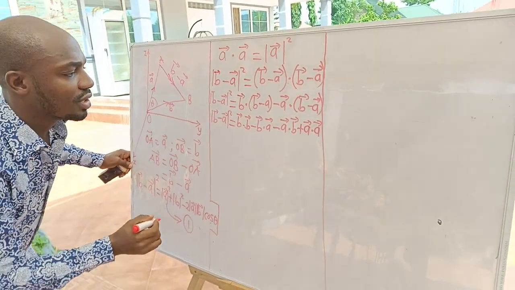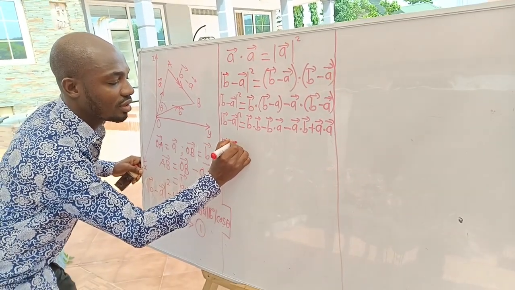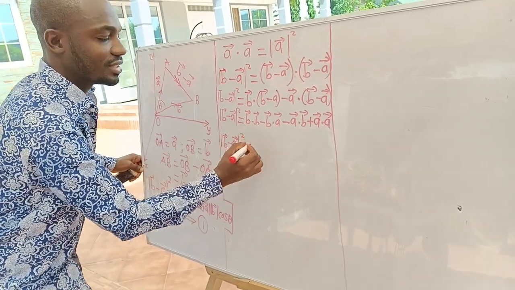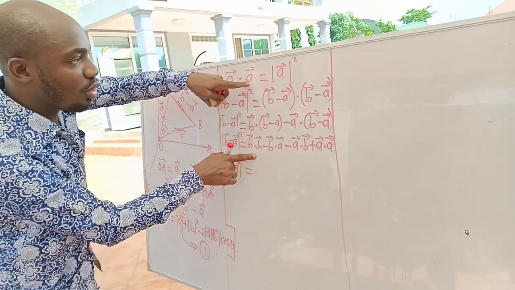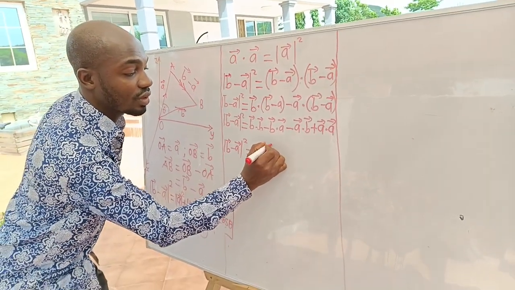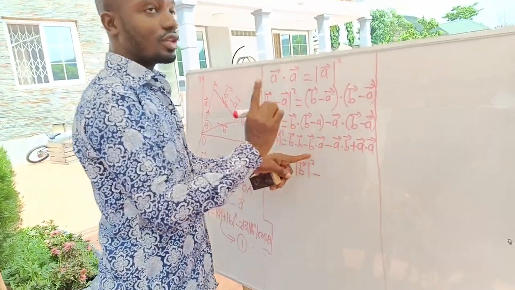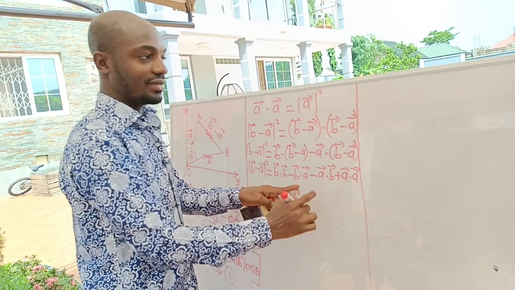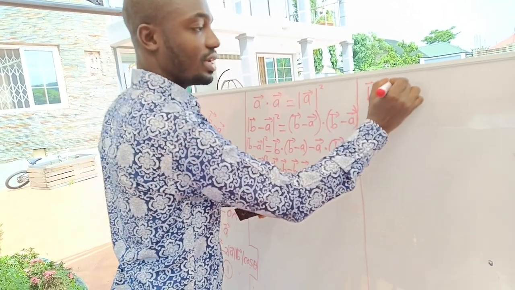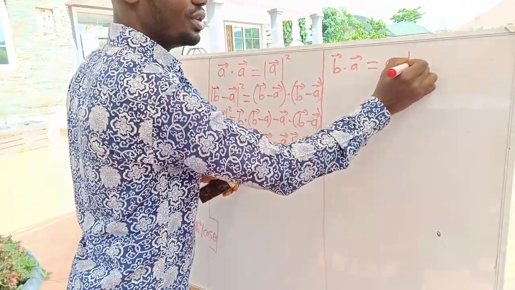So at this point the magnitude of b minus a all squared will be equal to, based on this property, the magnitude of vector b squared. Then minus, now look at something. The dot product of vectors is commutative, and so the dot product of b with a is equal to the dot product of a with b.